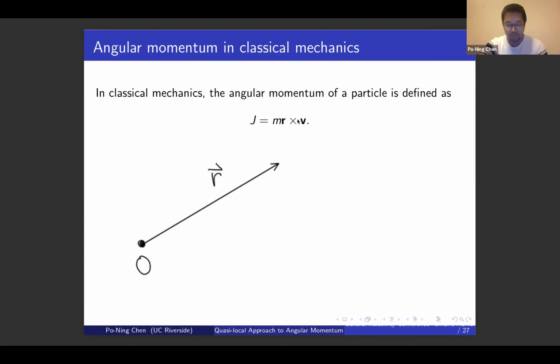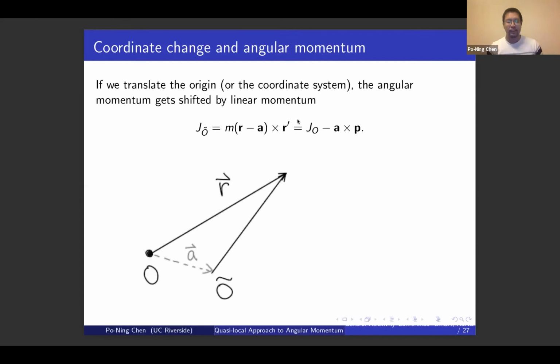Now, if we do a coordinate change and translate the origin, how does the angular momentum change? It's not difficult to see that it changes by how much we translate our center, crossed with the linear momentum. Okay, simple exercise. And this is what we eventually hope to achieve in general relativity.